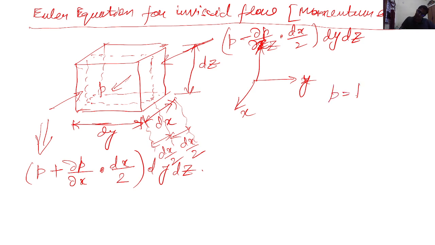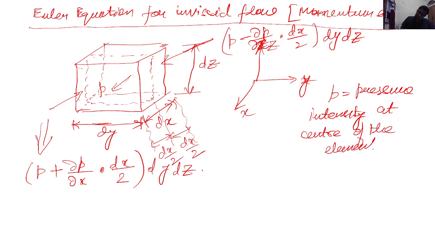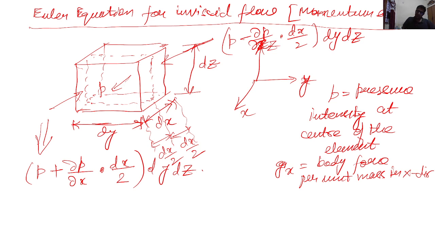So here P is equal to the pressure intensity at the center of the element, and we will be describing something known as Gx later for the Euler's equation. Gx would be the body force per unit mass in x direction.